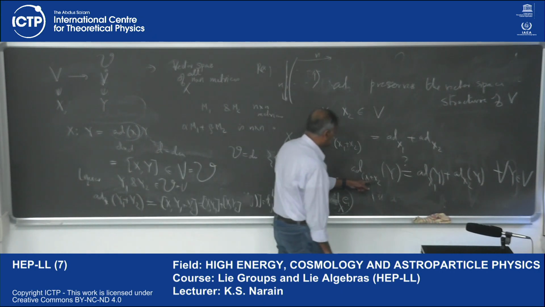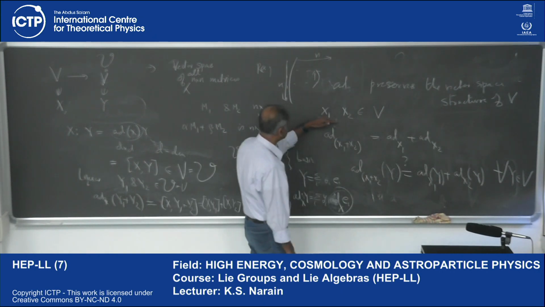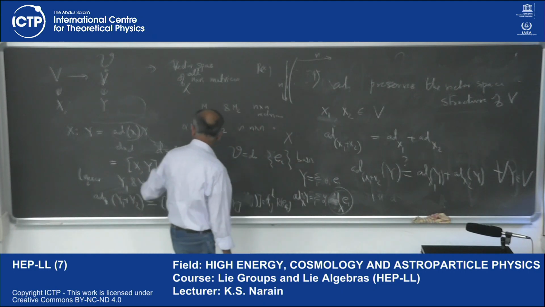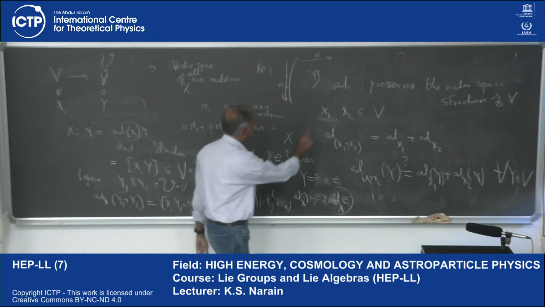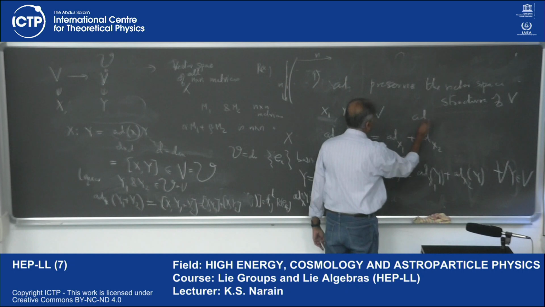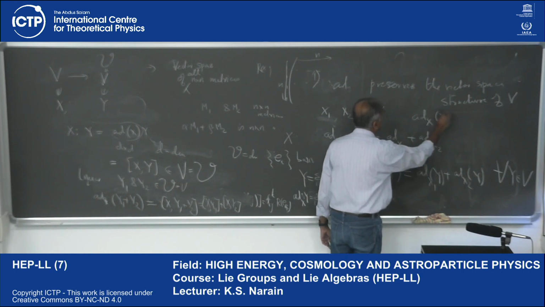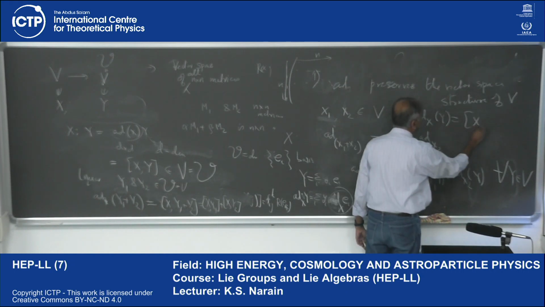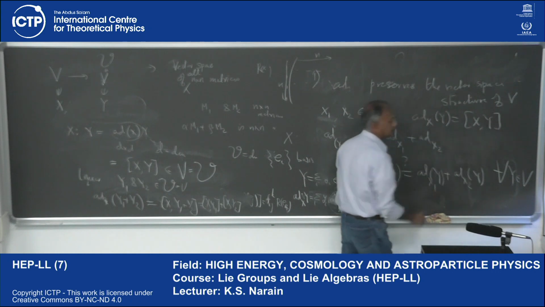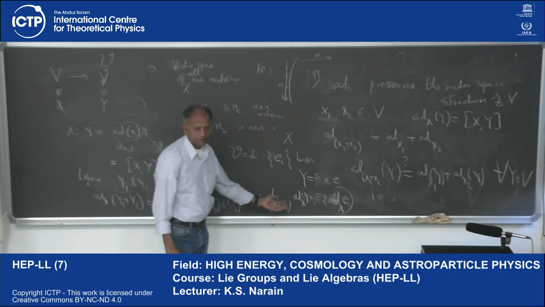Well, so we can check that. So the definition was this, that add was given by the commutator. I mean, the definition of add x acting on some y was simply the commutator of x with y. Right? So we just have to use that definition.